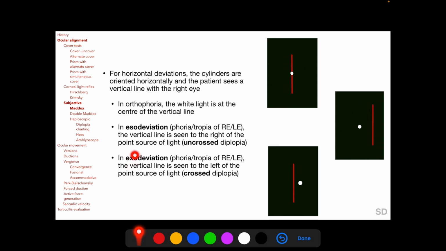In exodeviation, including exophoria and or exotropia of either the right eye or the left eye, the vertical line seen by the right eye lies to the left of the point source of light seen by the left eye, and so it is called a cross diplopia because the image seen by the right eye lies to the left of the image seen by the left eye. And we have a mnemonic here with x of exo corresponding to x of crossed.